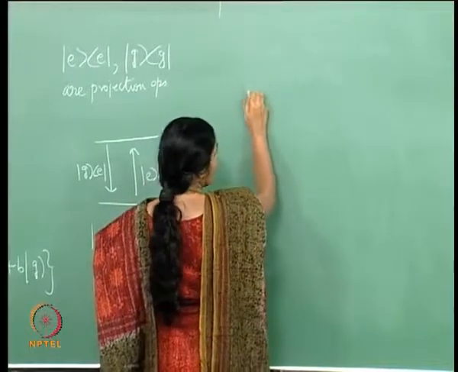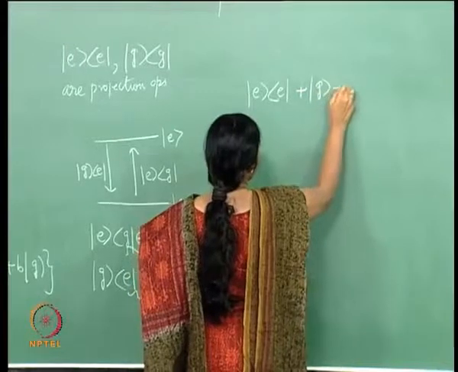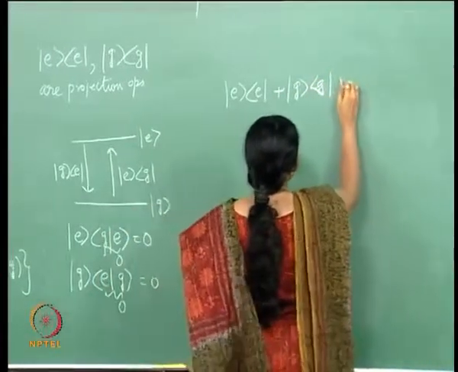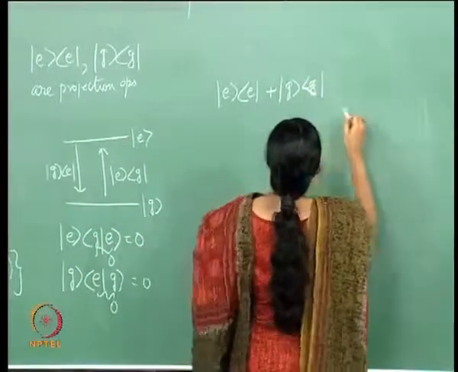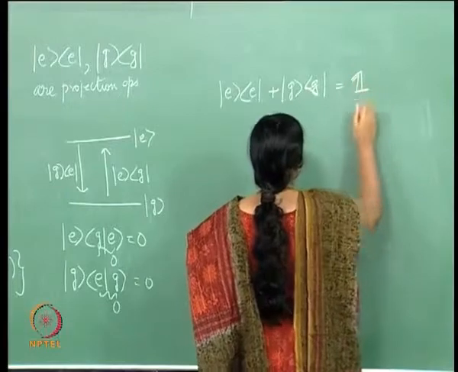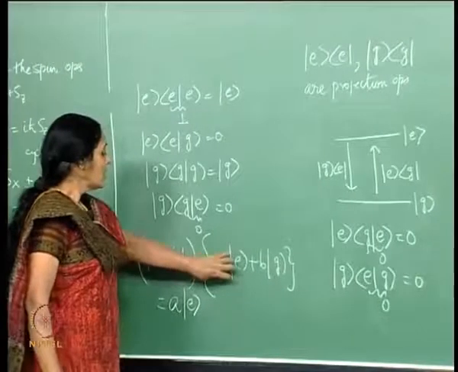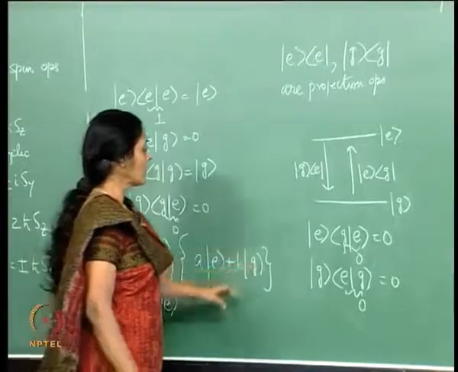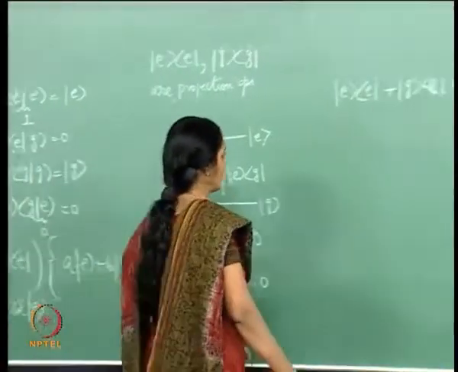Needless to say, if I now consider the operator |e><e| plus |g><g|, that is simply going to play the role of the identity operator. It's obvious because while one of them gives us the component along e, the other gives us the component along g, and therefore we can assemble both together and make the full vector.